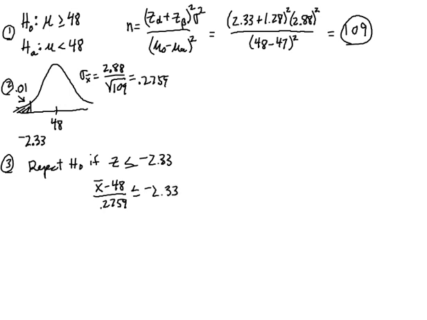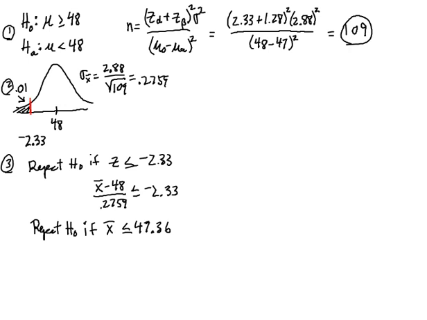Then we would multiply both sides by that 0.2759, solving basically a linear inequality, and then adding 48, we'd have x bar less than or equal to 47.36. So our rejection rule turns into reject H sub 0 if x bar is less than or equal to 47.36.